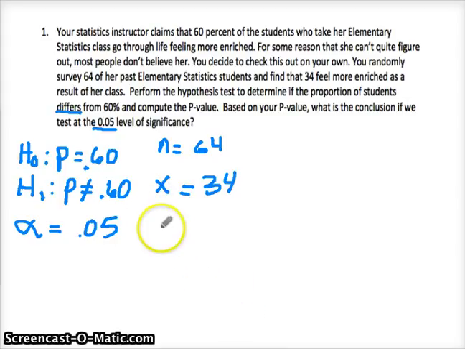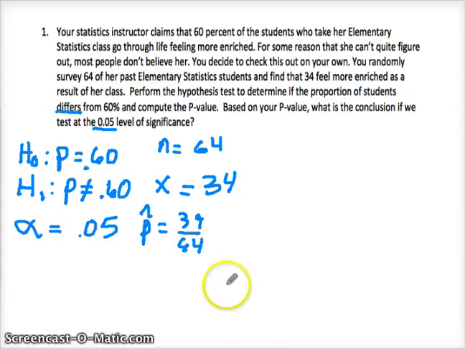So obviously P hat is going to equal 34 over 64. Now we could reduce that. It's close to a half, so 0.53, something like that. All right, so I think we have enough to put the data in our calculator and work that out.